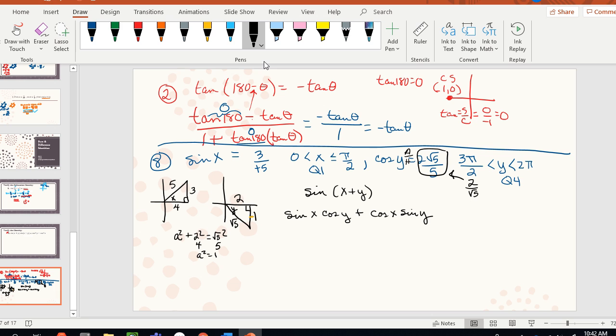And now I'm going to go back to this and find my sine and cosine of x. So I'm just going to use this one first. I'm going to get them all filled in. So sine is opposite over hypotenuse. That's 3/5. Cosine of x is 4/5.